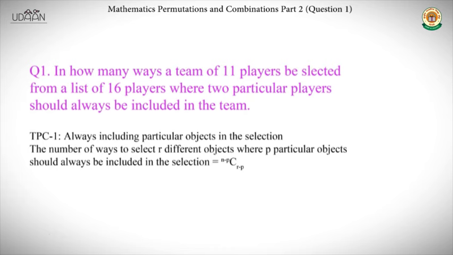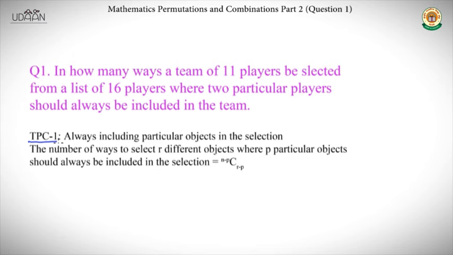So for the solution of this chapter, permutation and combination, we'll be dividing the problems into specific categories, like typical problem type categories. So for the solution of this question, let's see TPC1.